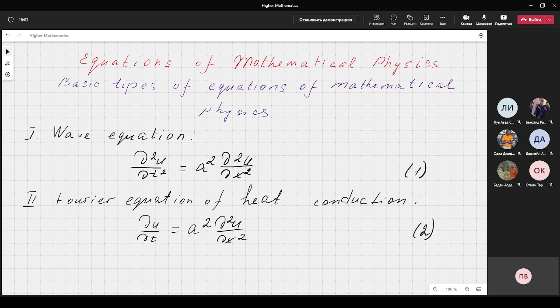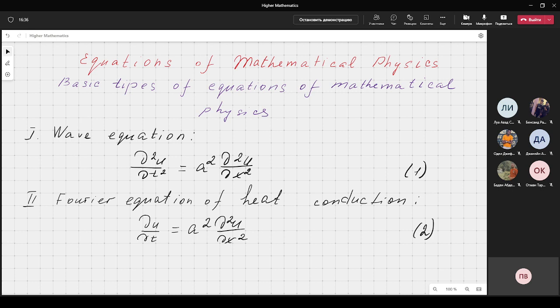This equation is invoked in the study of processes of the propagation of heat, the filtration of liquids and gases in a porous medium, for example, the filtration of oil and gas in subterranean sandstones.